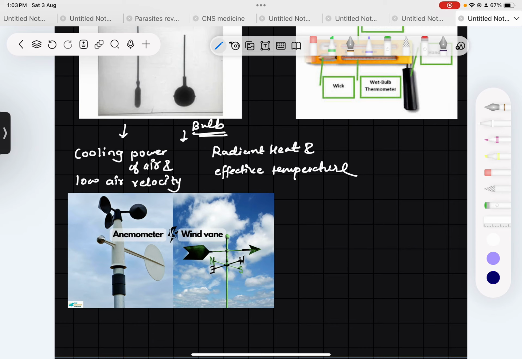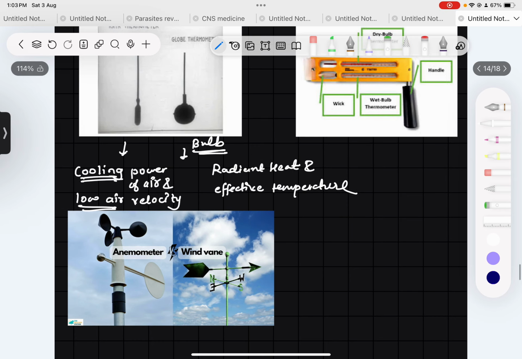Both of these we have to remember: Kata is going to measure the cooling power of air and low air velocity, while this bulb or globe thermometer is going to measure the radiant heat, and that's why it can measure the effective temperature of the environment.